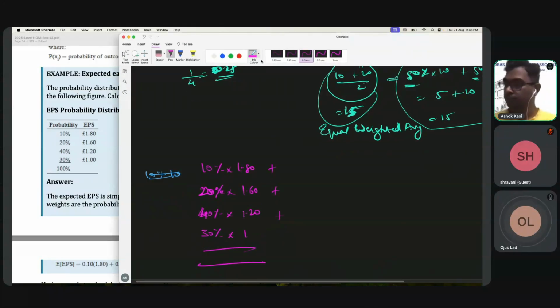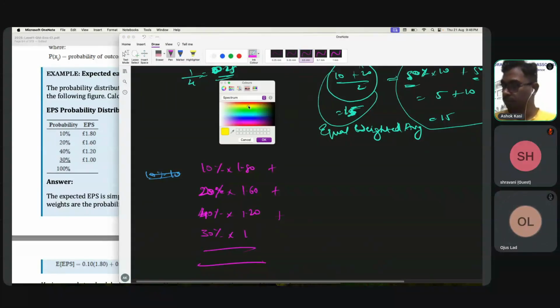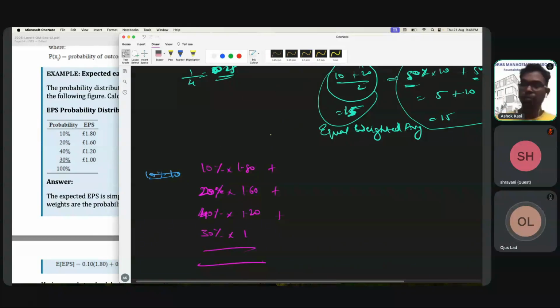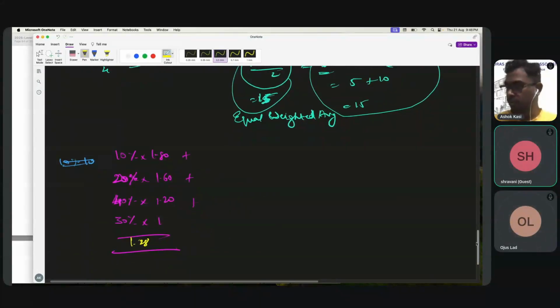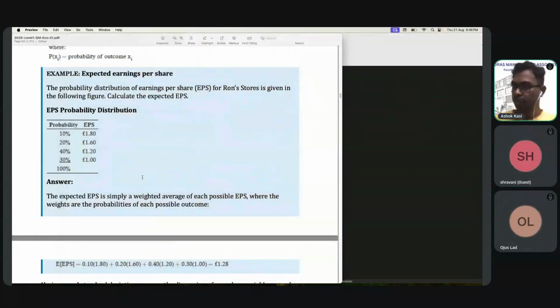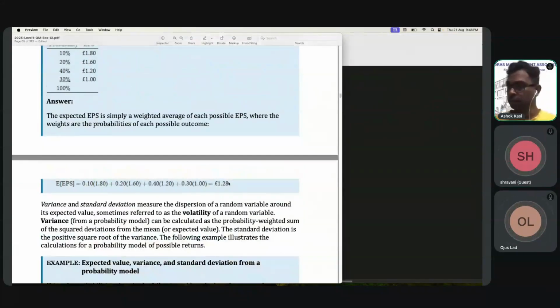Calculate now. 1.28. Okay, so that is it here. This is the weighted average earning per share. So these weights are the probabilities.